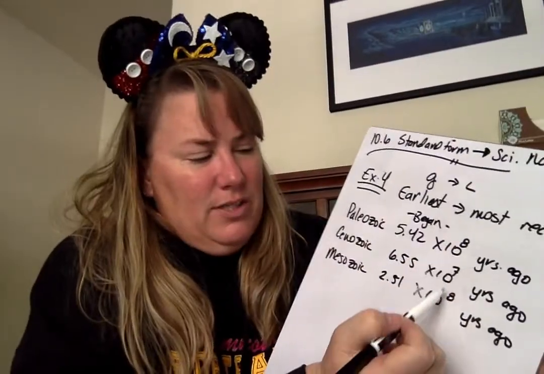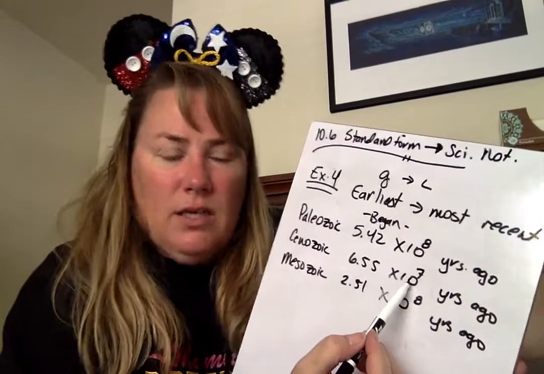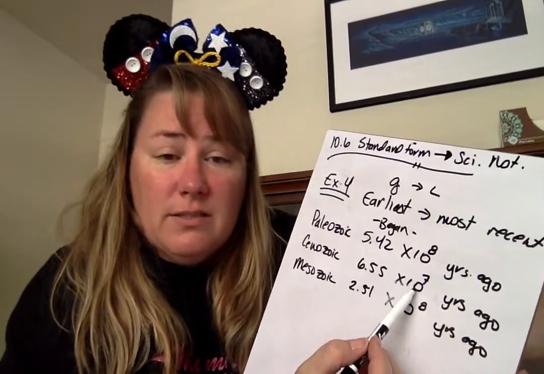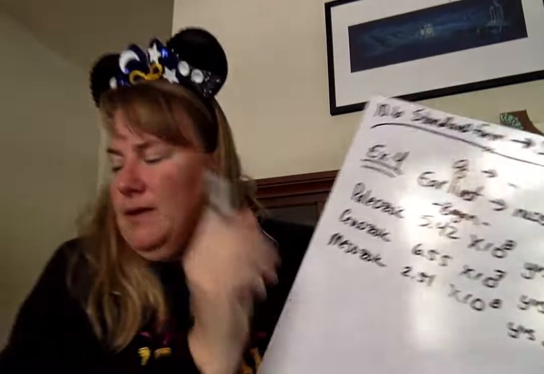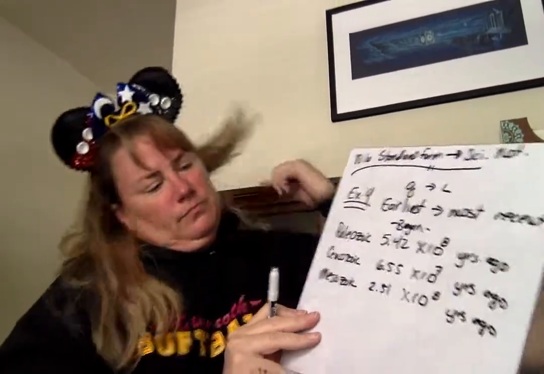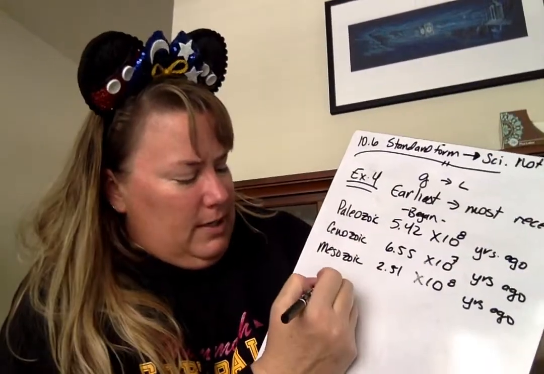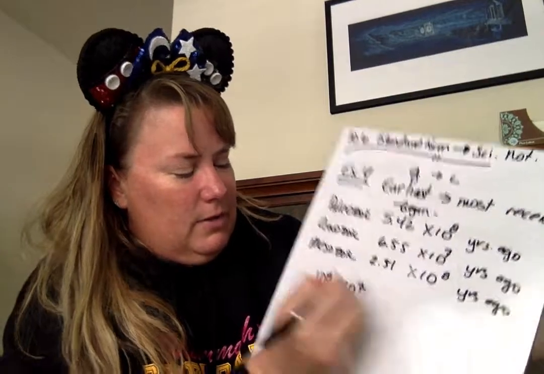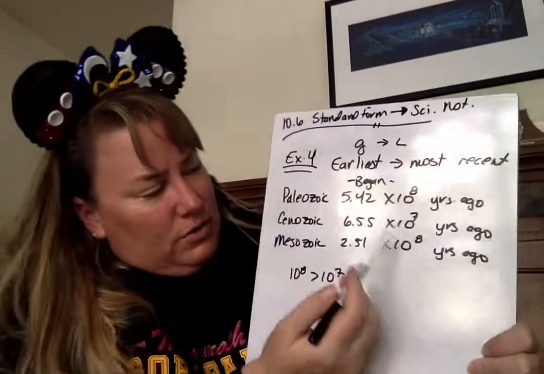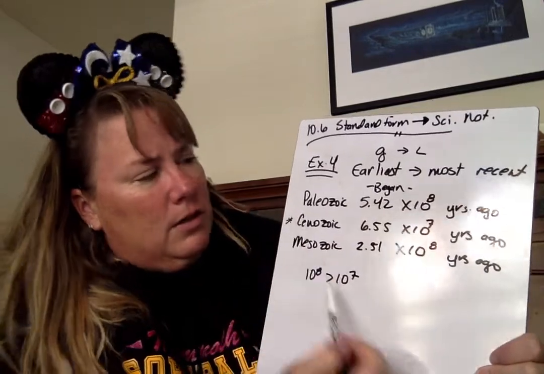And since 8 is greater than 7, you know that this guy is actually the most recent. So we know that 10 to the 8th is greater than 10 to the 7th. So that tells you that the Cenozoic right here is the most recent.